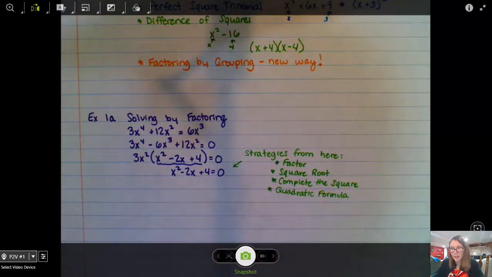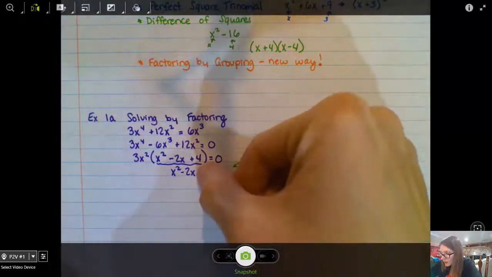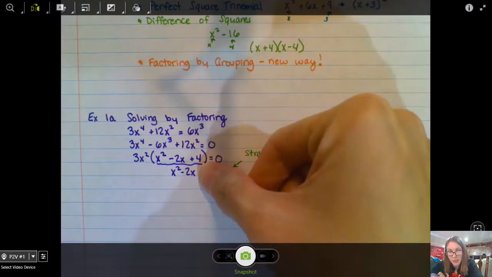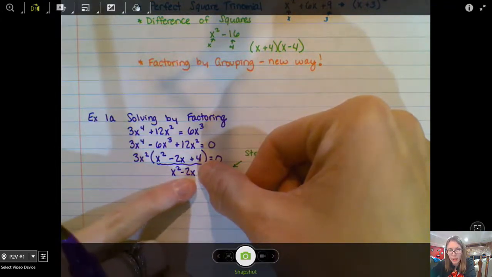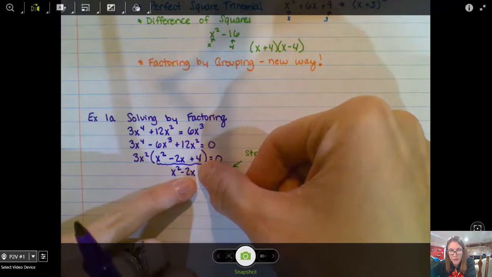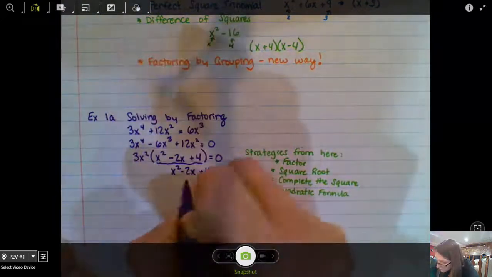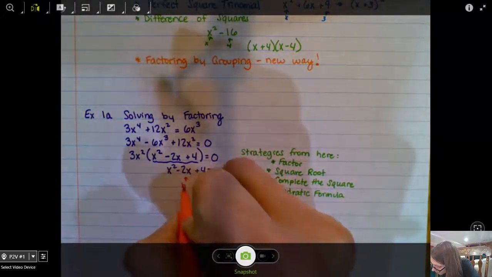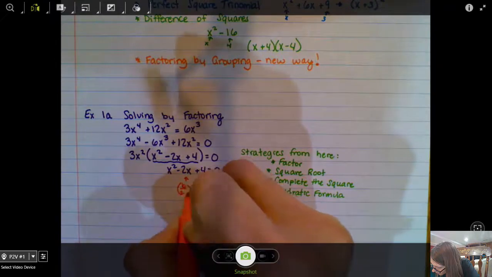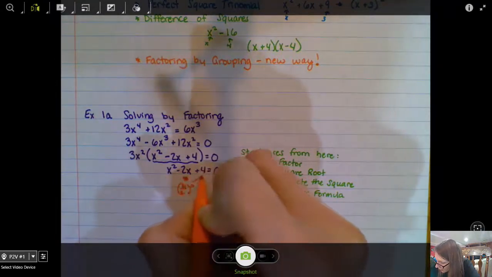Okay, completing our square, remember we want to see what we want this number to be. We really want this number to be 1, because to complete the square, we take our b value, divide it by 2, and square it. I really should draw my arrow going over here.